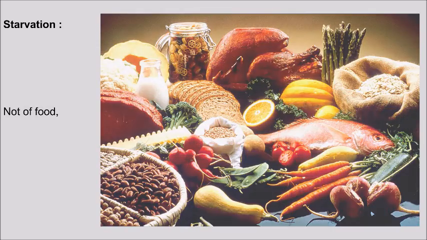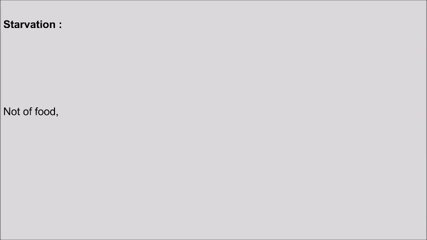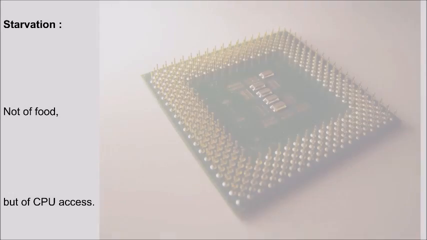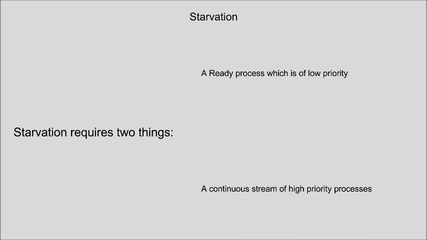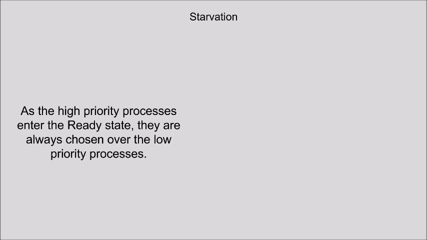Now we're on to the next topic of starvation. This is a starvation of processes where they don't have CPU access. Has nothing to do with food, unfortunately. Starvation requires a process that's ready to go, but it has a low priority. And we also have a bunch of processes that have high priority coming in around that low priority process.